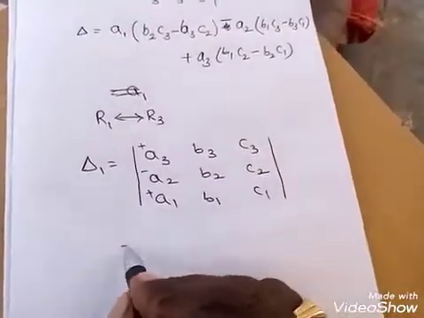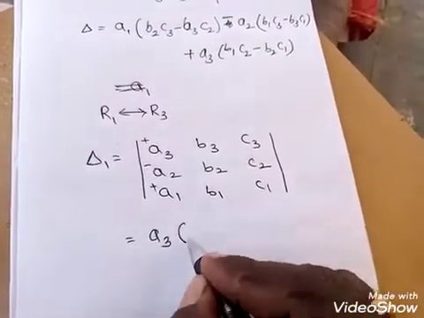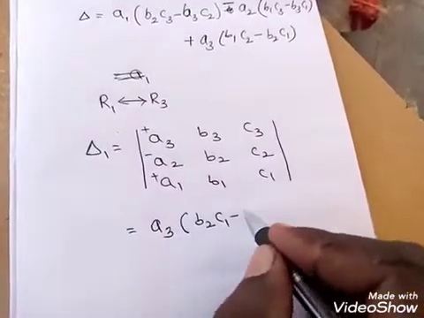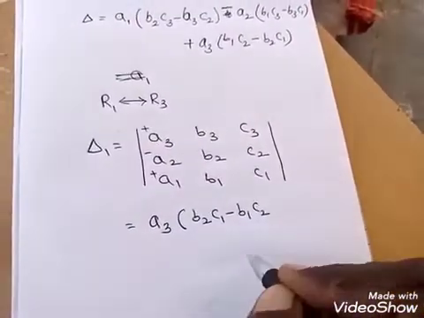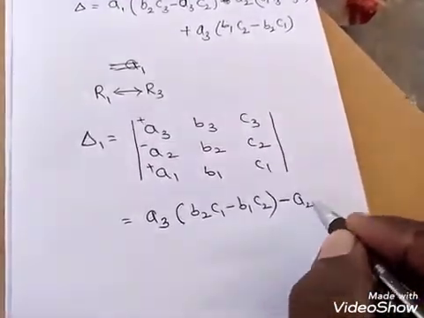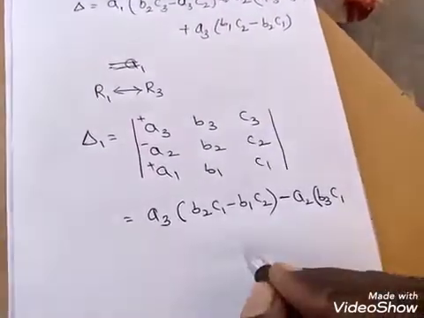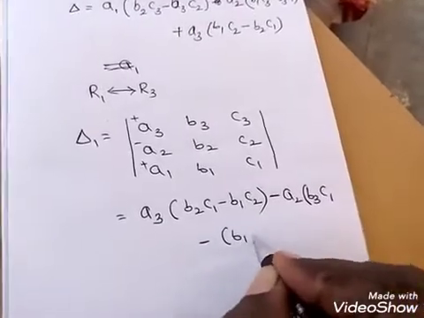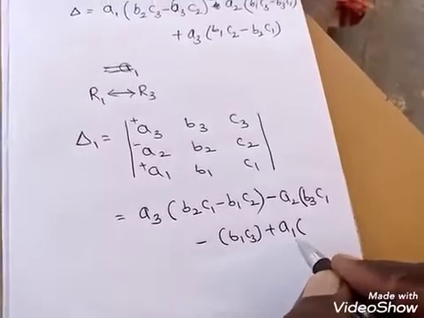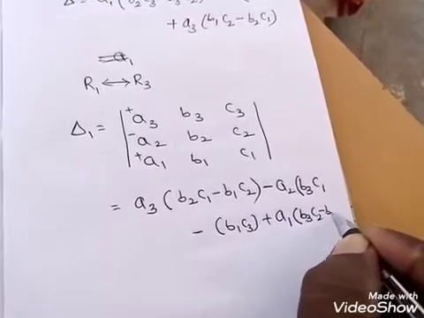Here A3 into B2 C1 minus B1 C2, next minus A2 into B3 C1 minus B1 C3, plus A1 into B3 C2 minus B2 C3.